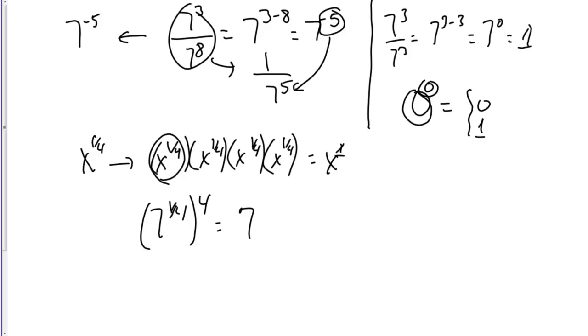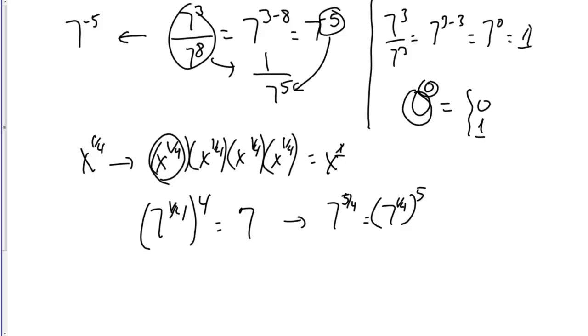This would actually be called the 4th root of 7. What about 7 to the 5/4? Again, invoking rules of exponents, this would be that 4th root of 7 multiplied by itself 5 times, a string of 5 of them being multiplied.